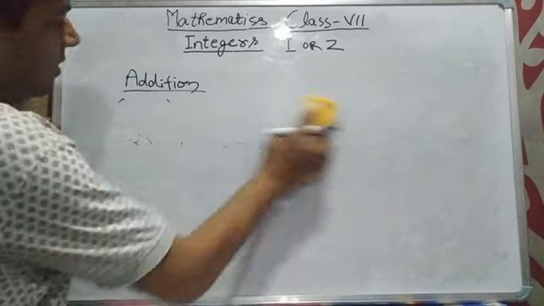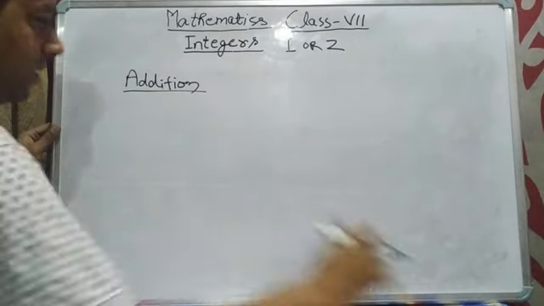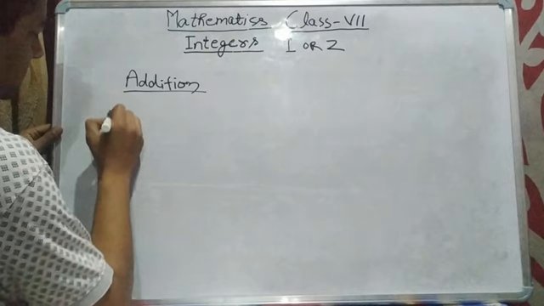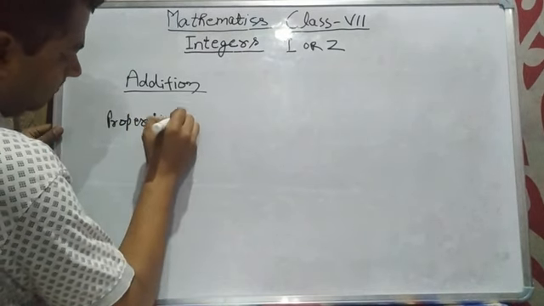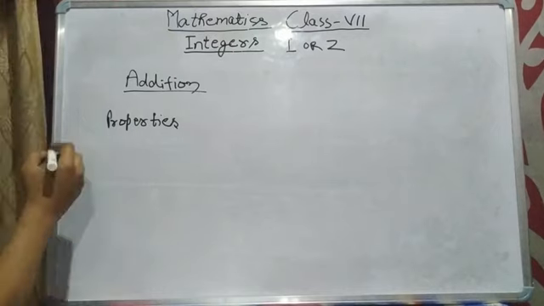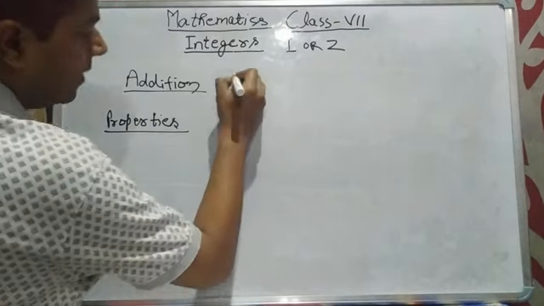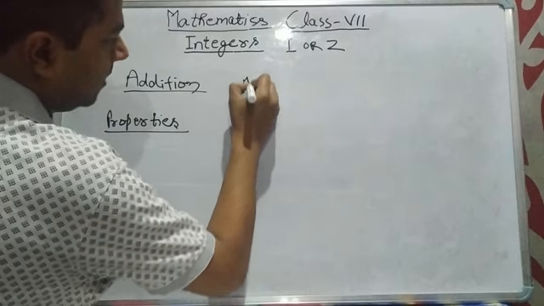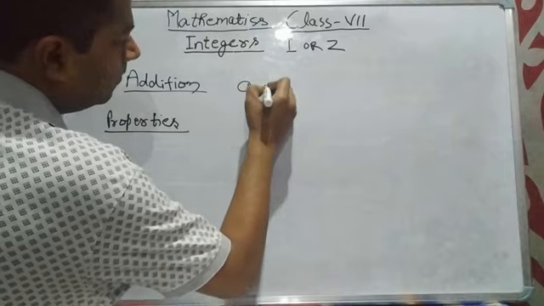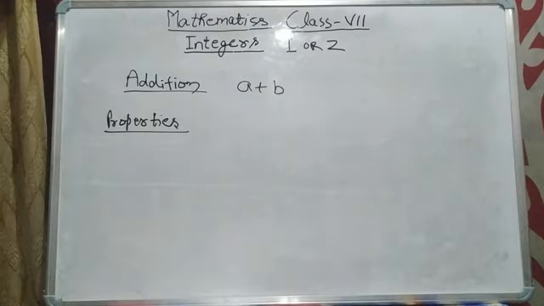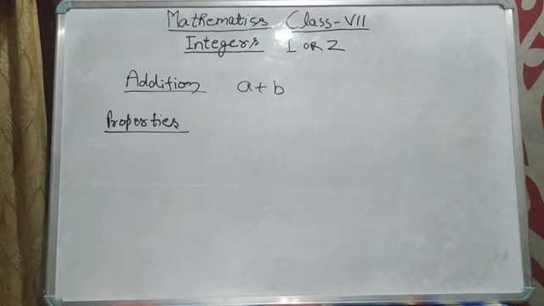Next one, students, we should come to the properties. Let us take A plus B, addition A plus B. One example we can take here.